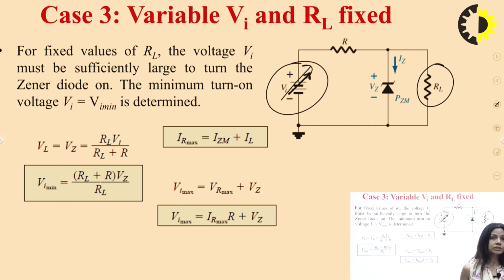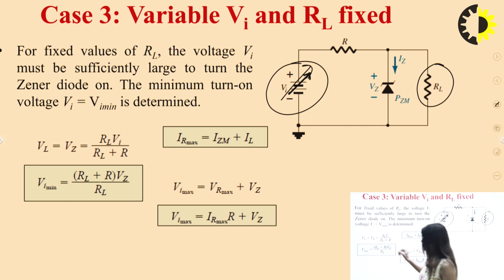It is not sleeping at all. It is working. Now, if it is working, then it will act as a voltage battery of Vz voltage with reverse polarity. Okay. Now, the case would be the same.